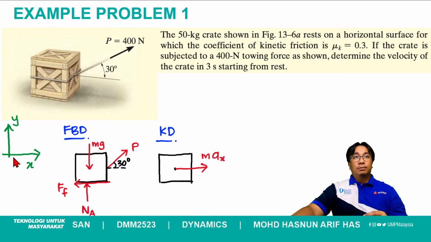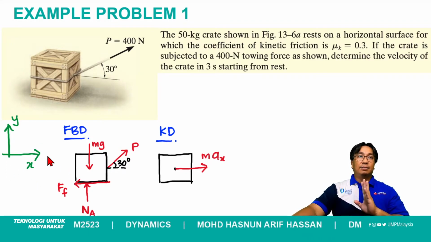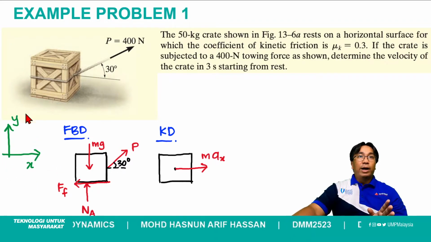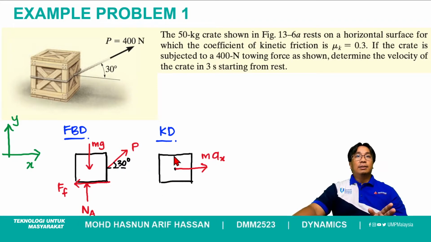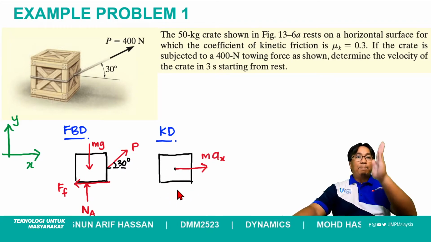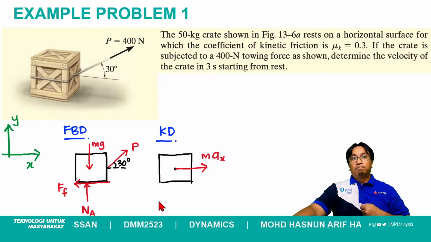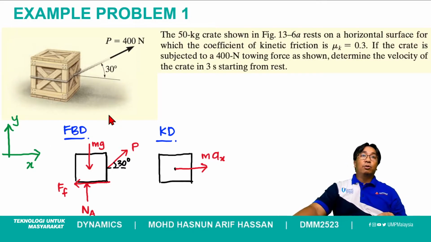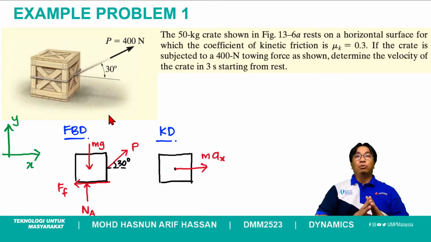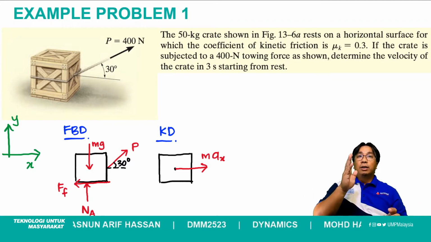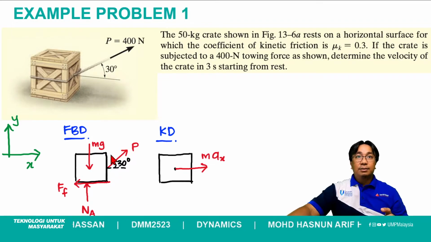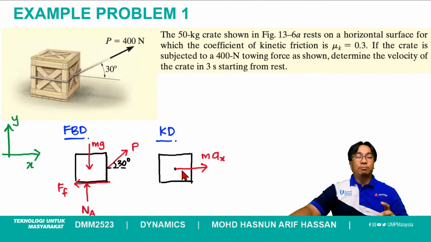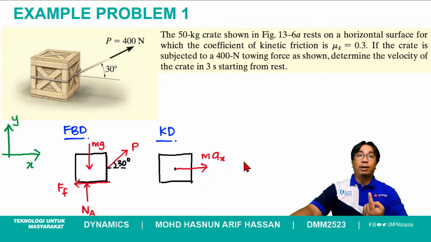Okay, now x-axis is done. Now you go to the y-axis. Do you think this box will move up or down? No. Okay, so if the box is not moving up and down, it means you don't have to draw any arrow in the y-axis. So this completes your kinetic diagram. The kinetic diagram will only have one arrow.